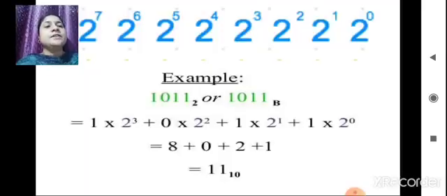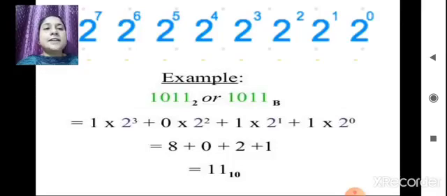So see here, on the upper side you can see 2 raised to power 0, 2 raised to power 1, 2 raised to power 2, 2 raised to power 3, 2 raised to power 4, 2 raised to power 5, 2 raised to power 6 and 2 raised to power 7. 2 raised to power 0 is always 1. 2 raised to power 1 is always 2.